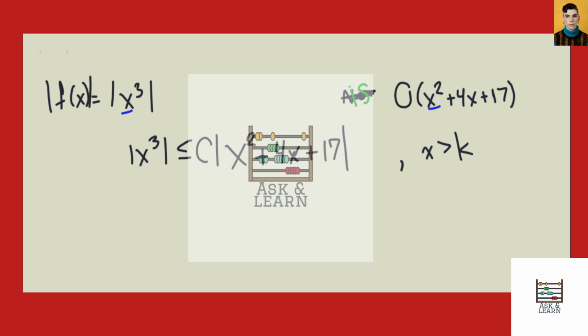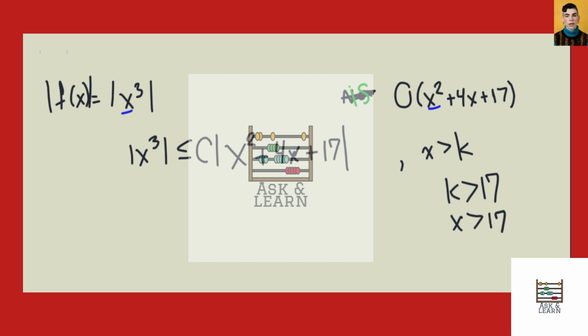All right, so let's just assume that k is greater than 17, and thus x is also greater than 17.